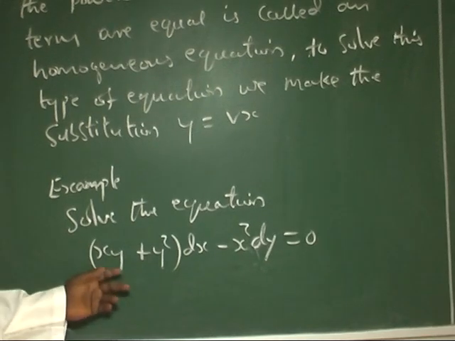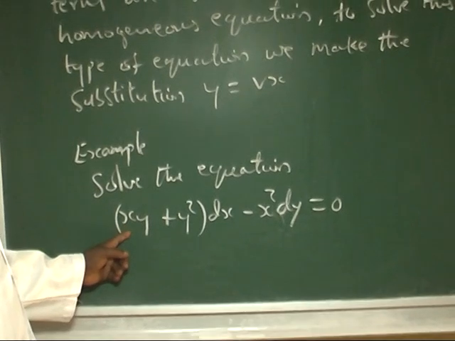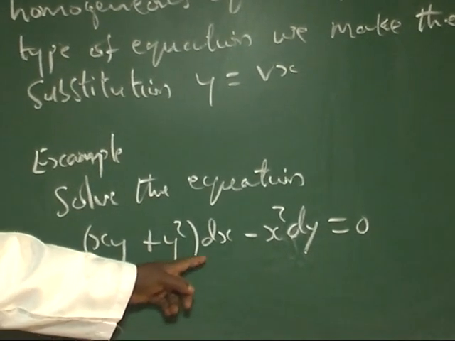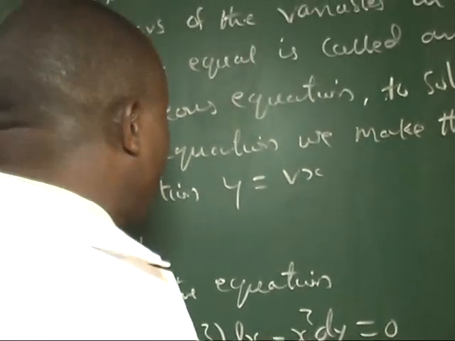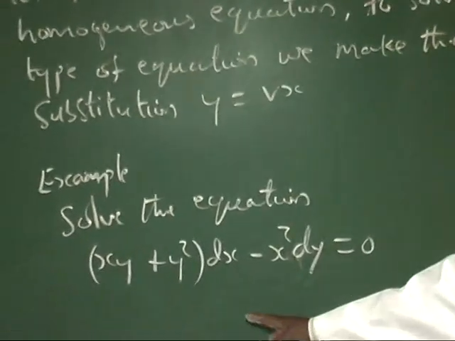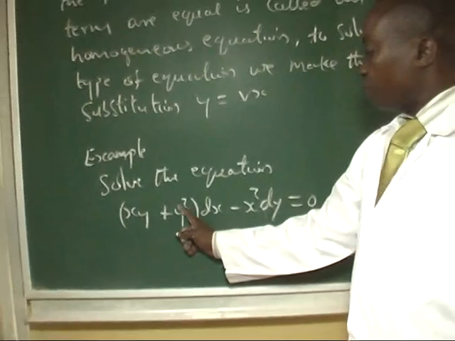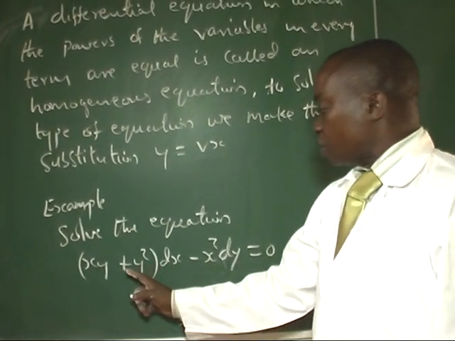So we look at this example. Solve the equation xy plus y squared dx minus x squared dy is equal 0. Now this is a homogeneous equation because the powers of the variable in each term are equal.